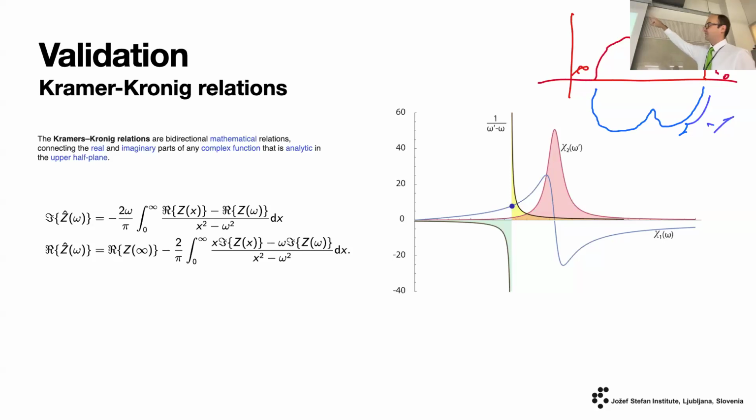The red curve is a complex function because it's a transfer function. We know it's complex. And it says this: a transfer function of a linear, stable, and causal system is analytical in the upper half plane. That is the definition. What does it mean?